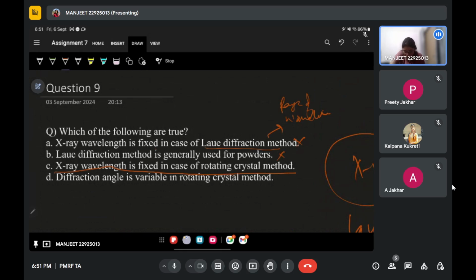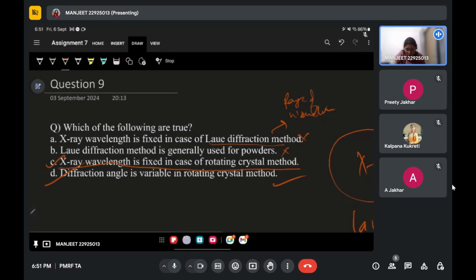In the D part, the diffraction angle is variable in the rotating crystal method. Yes, the diffraction angle will be variable in the rotating crystal method. So C and D are the correct answers.